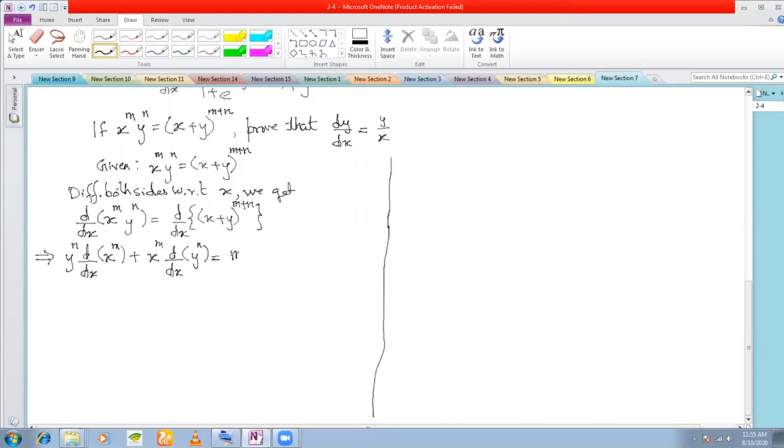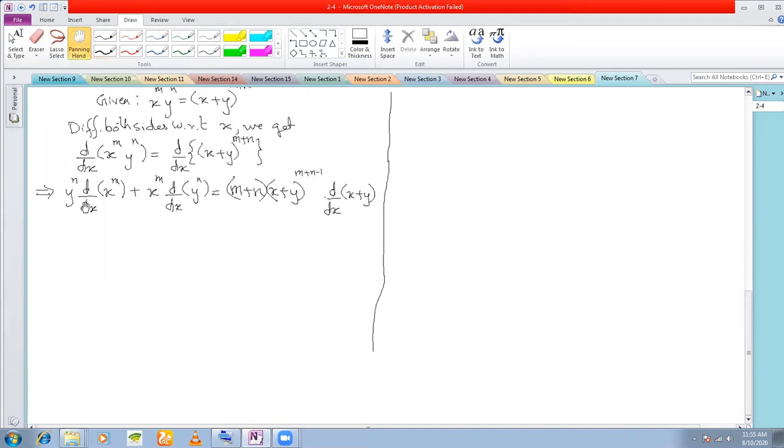First we'll differentiate the power, m plus n into x plus y to the power of m plus n minus 1 into the ddx of x plus y. Okay. Next is y to the power of n.